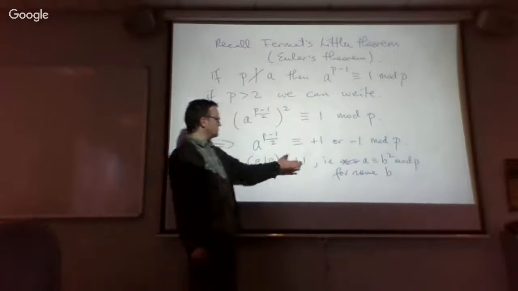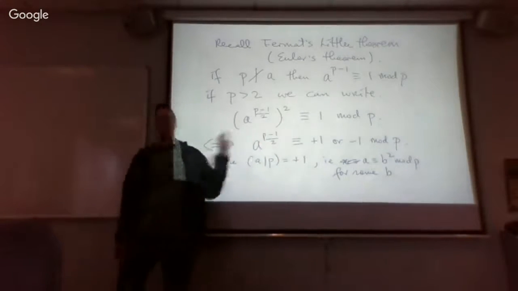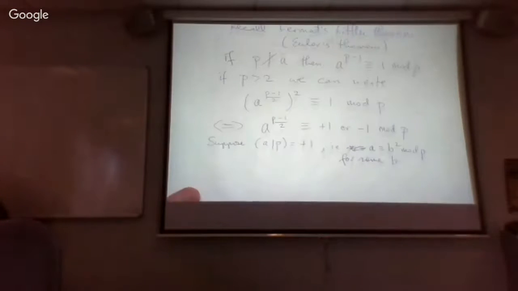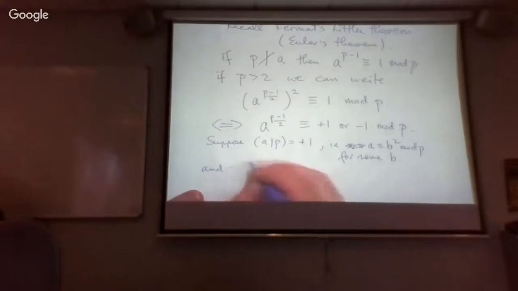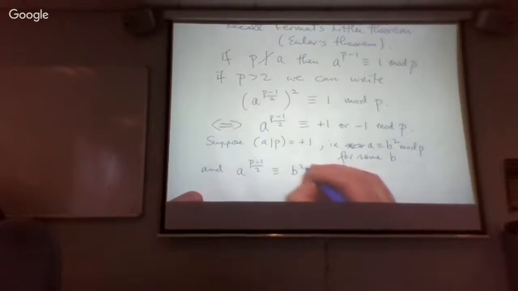So we're assuming we get plus 1 out for the Legendre symbol. What are we going to get out for a to the power of p minus 1 over 2? Well, we're assuming a is b squared.